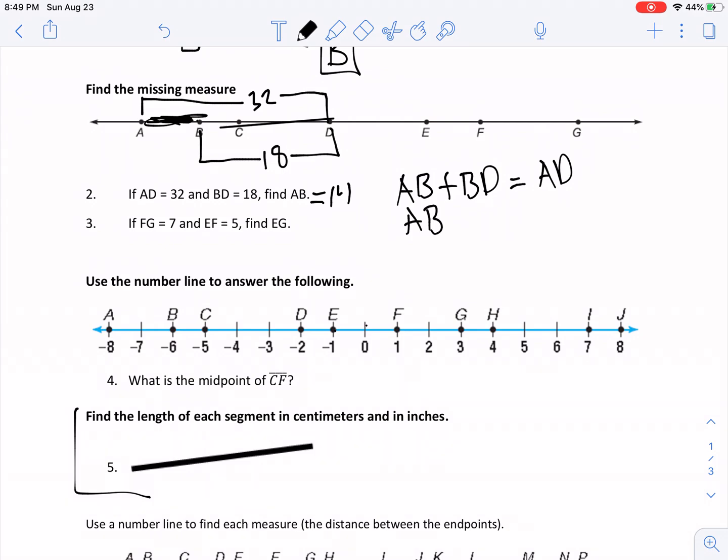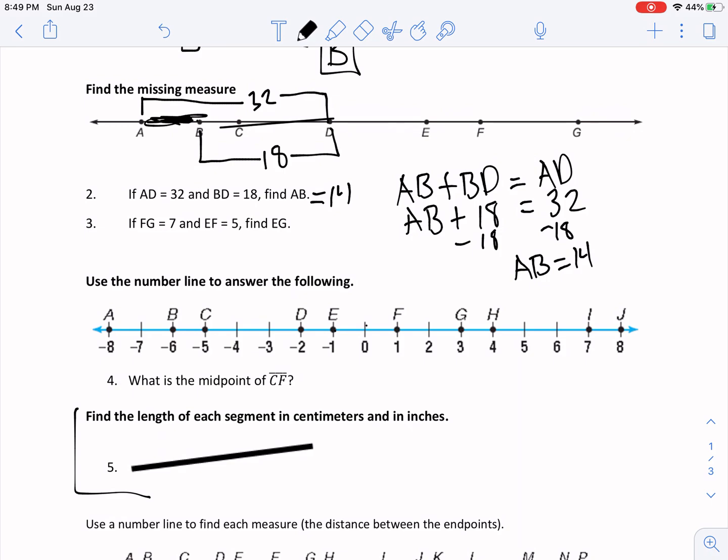We have AB, which is the unknown, BD, which they tell us is 18, and AD, which they tell us is 32. Well, if that's the case, it just turns into solving for the missing piece, right? Similar to when we were trying to get a variable by itself. I could subtract 18 over, and we get AB equals 14. So either way, we get to the same result.